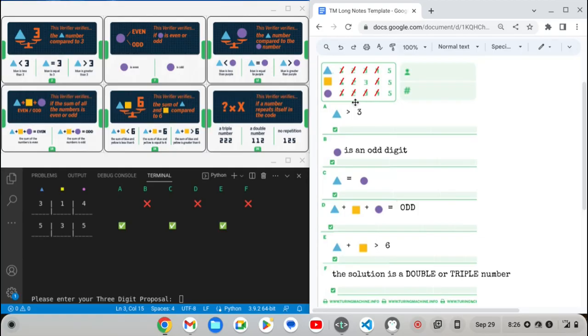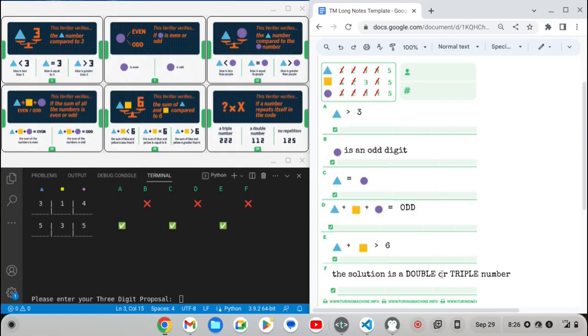Again, going back to criteria card F, do we have a double or triple? I believe it's a sound argument to make, again, where if it was a triple number, we would know automatically that triangle is equal to circle. So making C irrelevant.